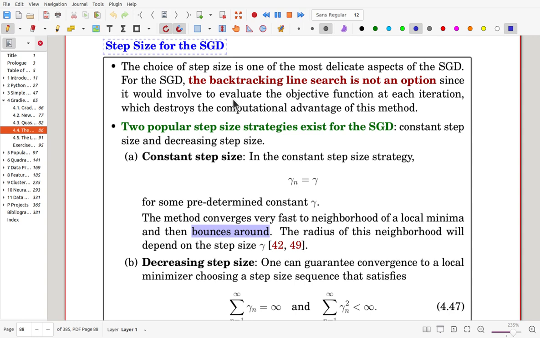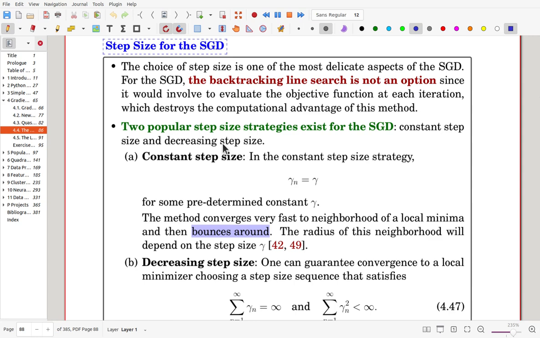With that, the efficiency of the SGD would be destroyed. So line search is not an option, which means you have to choose the step size beforehand.